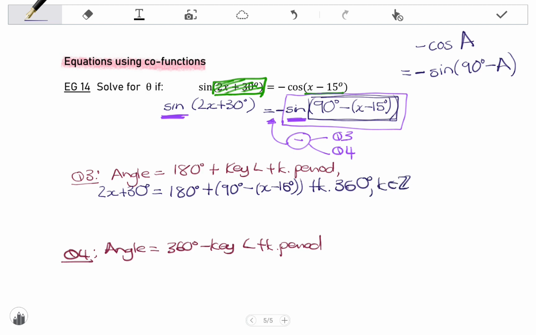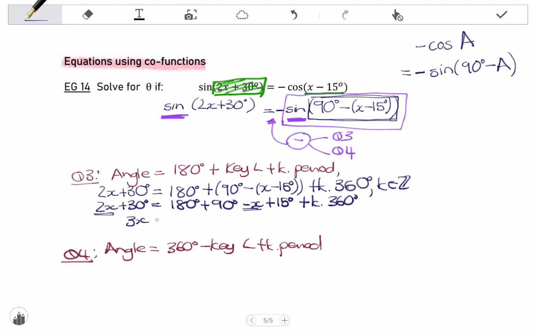I've got my equation, now I simplify. So get rid of the brackets. I have 2x + 30° = 180° + 90° - x + 15° + k times 360°. Now I can add and subtract like terms. So I have 2x and I'm going to add another x.